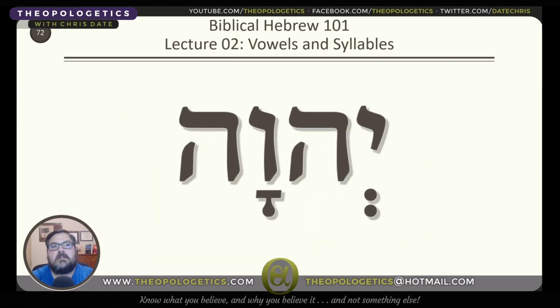Next is the name of God. And I'm not going to tell you how to pronounce this. Scholars don't know with certainty how it was pronounced. This is in English translations sometimes translated Jehovah or Yahweh. But more often it's translated in all caps as Lord.